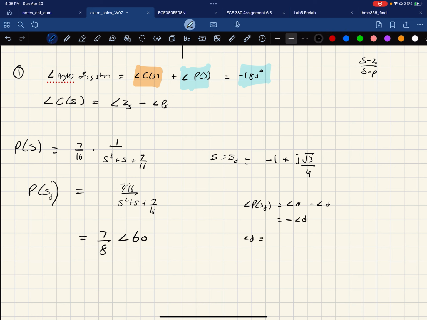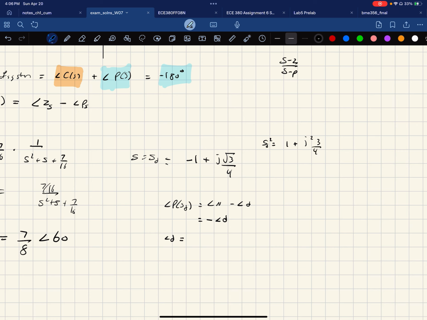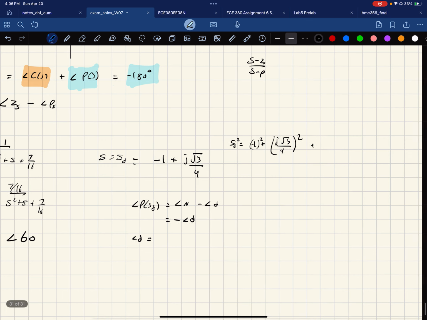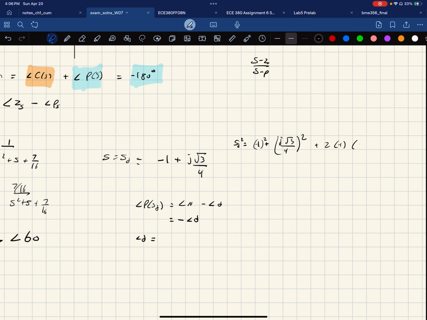The phase of the denominator, well, sD squared is equal to 1 plus j root 3 over 4, all squared. That's minus 1 squared plus 2ab, so 2 times minus 1 times j root 3 over 4. And that's going to be 1 minus 3 over 4 squared, 16, minus 2 j root 3 over 4, so minus j root 3 over 2.